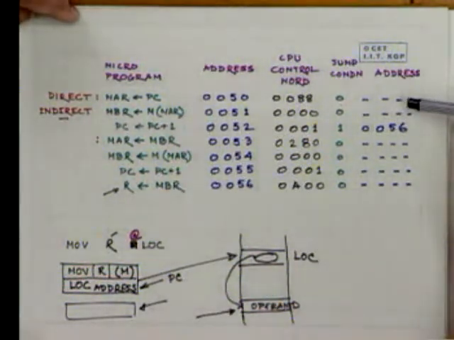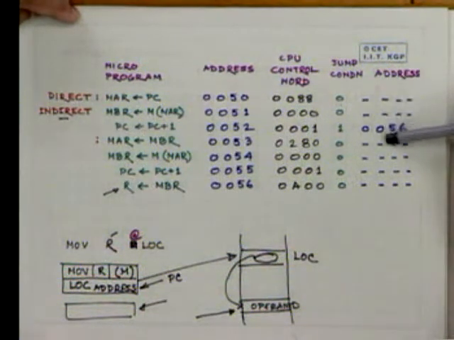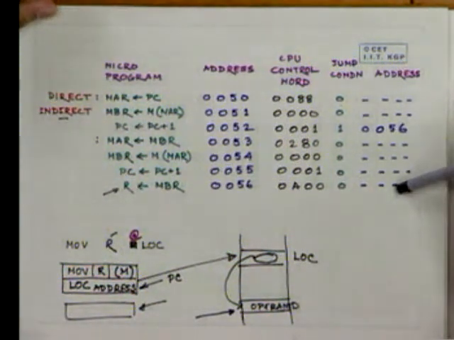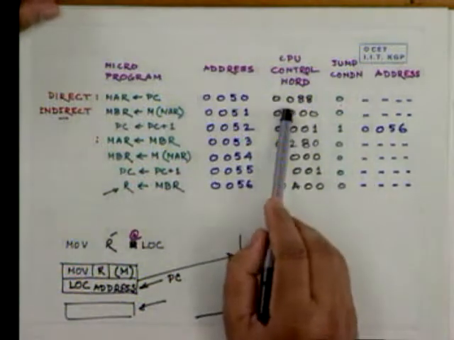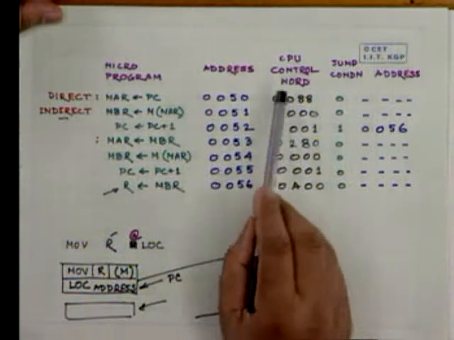We will also, in another field, keep the address of the next instruction that the microcontrol will jump to for execution of the microprogram as the logic demands. Therefore, each microcontrol word consists of three fields.